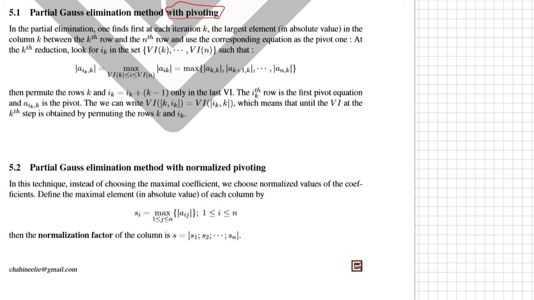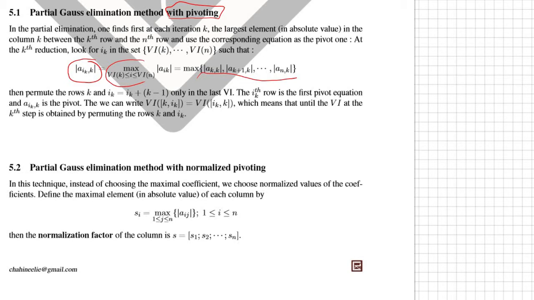So what we do is that we will choose the pivot as being the maximum between the other pivots in absolute value. If you look at all the pivots, you will choose the one which has the highest absolute value, and you will consider that this is the pivot equation and act accordingly.